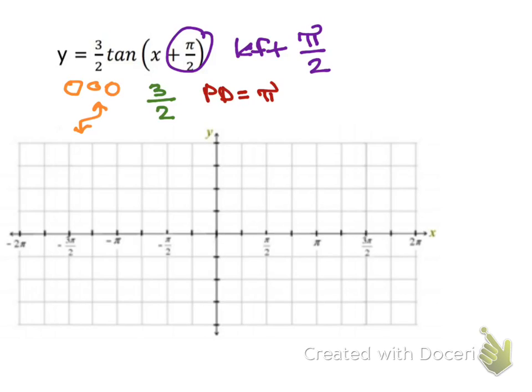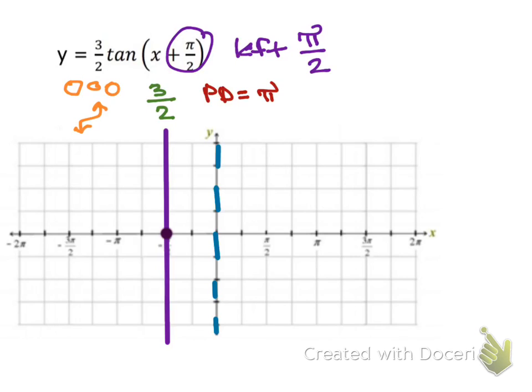Let's go ahead and put our shift left pi over 2 in first by putting in our new y-axis. Next, we know that tangent has a 0 at 0. So that's where my first 0 will be. The period is pi. I will have asymptotes on either side of the 0, both half of pi away.